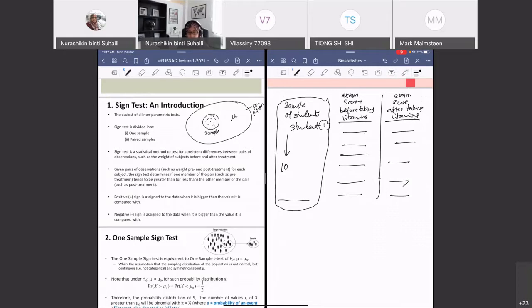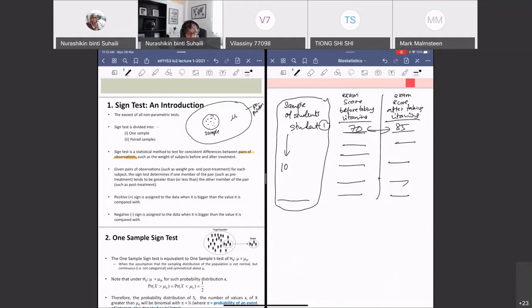Let's say the mark is 70, and after taking vitamins it is 85. These two data are the pair of observations. You want to compare before and after. That is what is meant by pairs of observations. So it's about comparison.